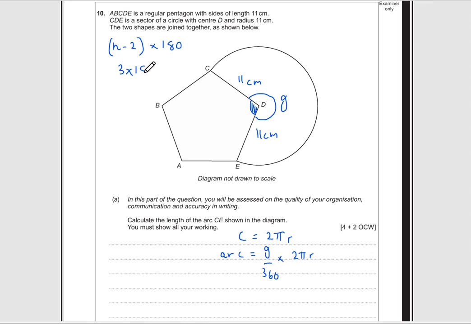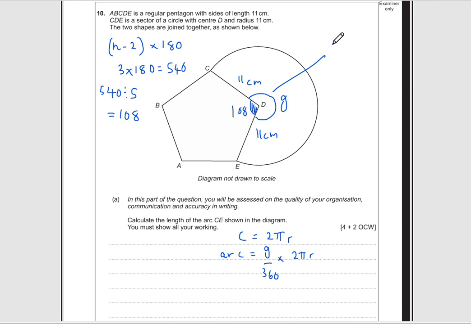So 3 times 180 is going to give us 540. If we then divide that by 5, so 5 angles, it's going to give us 108 degrees. So this angle here is 108 degrees.